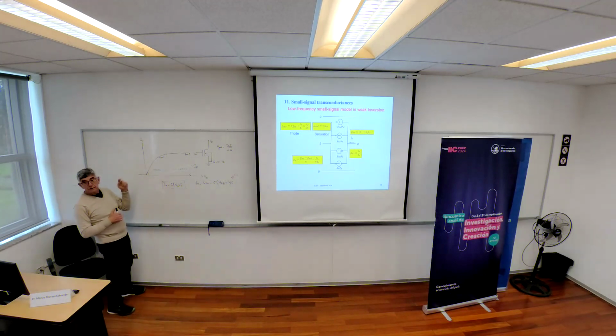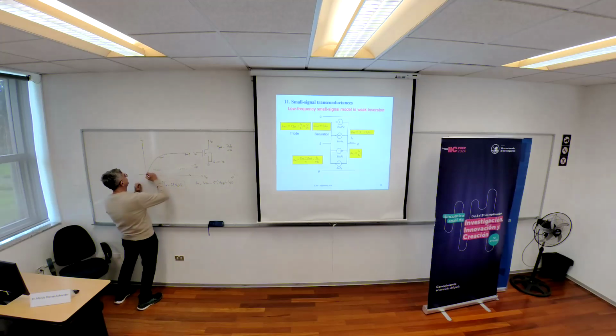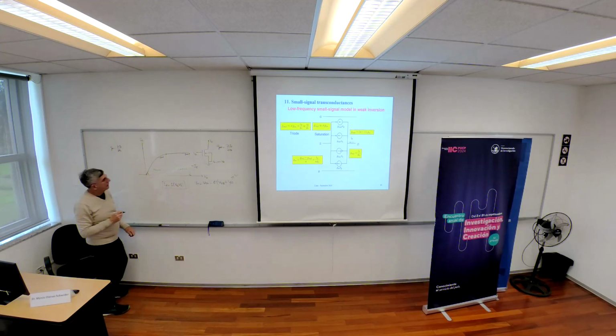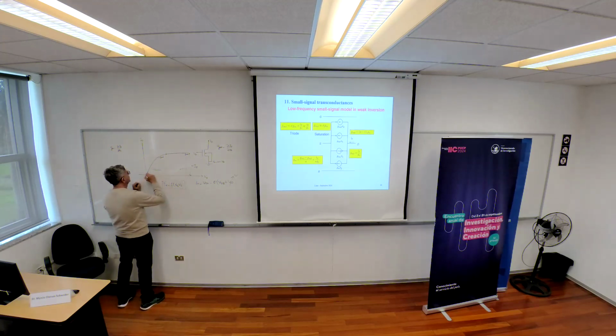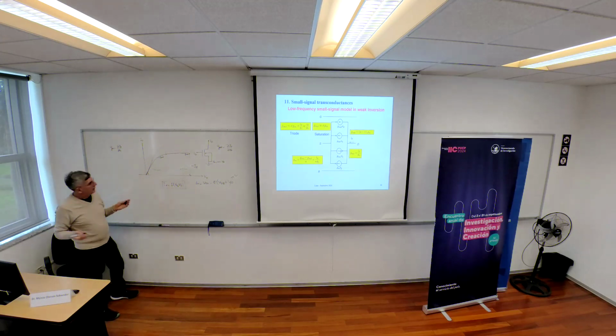Let's interpret the meaning of this. What if you change VG? GM is dID/dVG, right? So what happens when you, for example, increase VG? You have another curve such as this one.